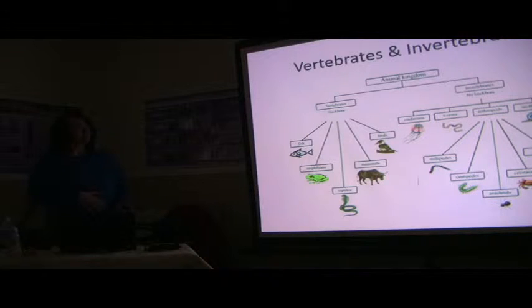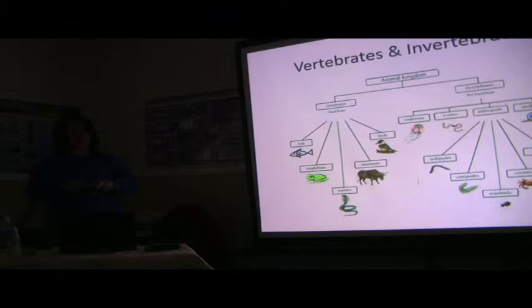Now, invertebrates are a broad collection of animal groups. They have no backbone. Some of them have an exoskeleton, which means an external type of skeleton that supports and protects their body, like insects and crustaceans.